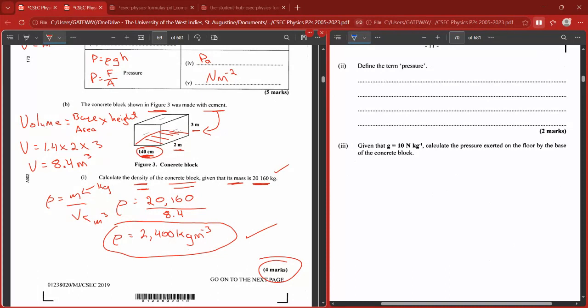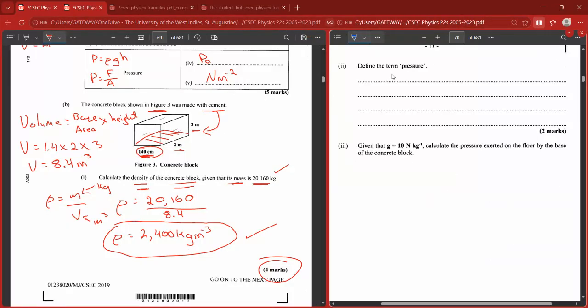Understand the solution here, right? Right. Now the next part is to define the term pressure. Now pressure can be defined as a ratio of force and area, or force divided by area, or the force acted per unit area on a surface. Pressure is defined as a force acting per unit area.